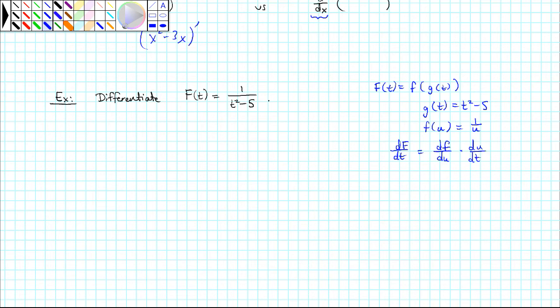There are people that go through this, and I think that is a lot notation heavy. I'm wanting to recognize this: it's important to see what is the outside function and what is the inside function.